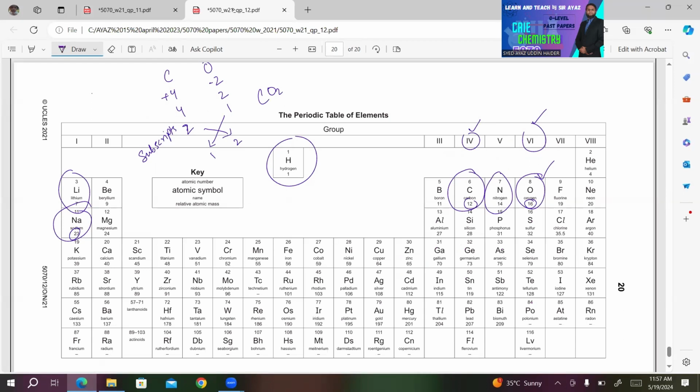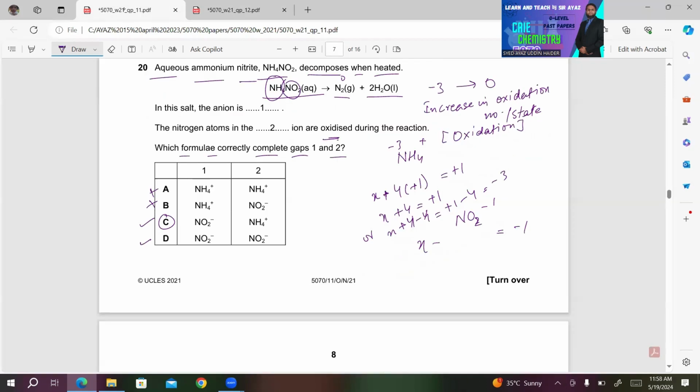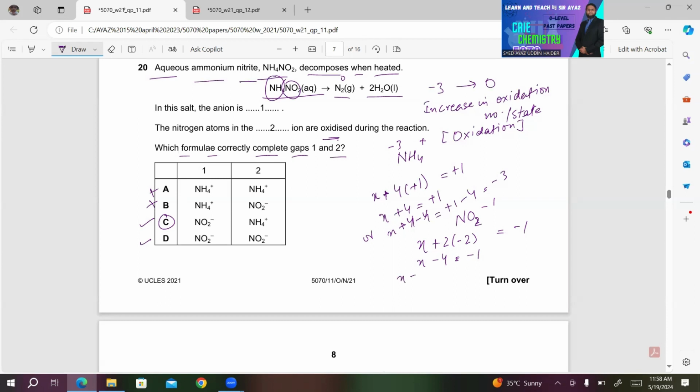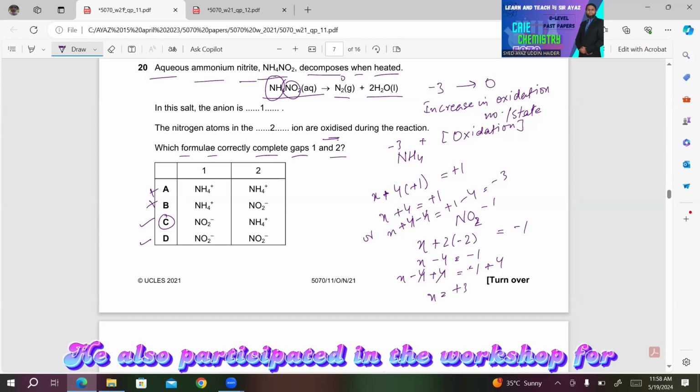It must be carrying minus charge. Oxygen must be carrying -2. There are two atoms of oxygen, so I will write plus 2 multiplied by minus 2. So X minus 4 is equal to minus 1, or X minus 4 plus 4 equal to minus 1 plus 4. So X must be plus 3. So here nitrogen is carrying plus 3 charge.